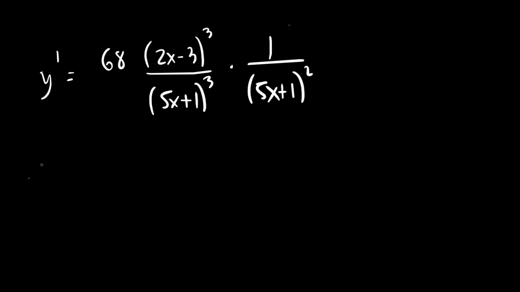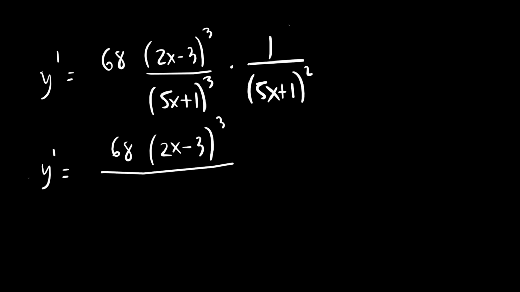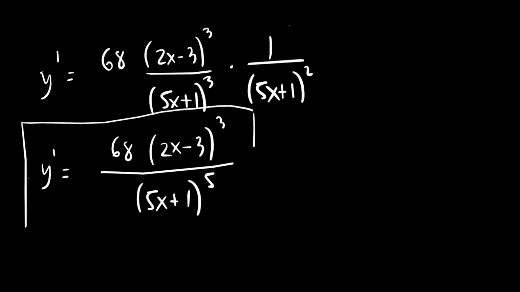So y prime is just equal to 68 multiplied by 2x minus 3 cubed all over 5x plus 1 cubed times 5x plus 1 squared. We'll just add the exponents, so we have 5x plus 1 raised to the power of 5. So this is now our final answer.